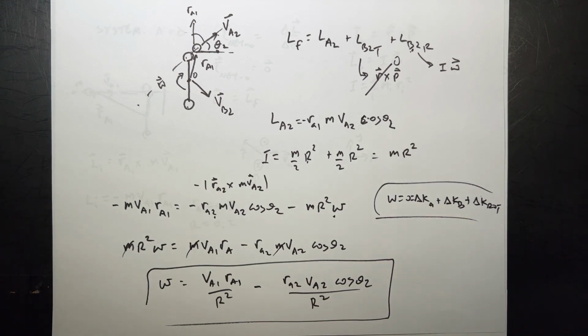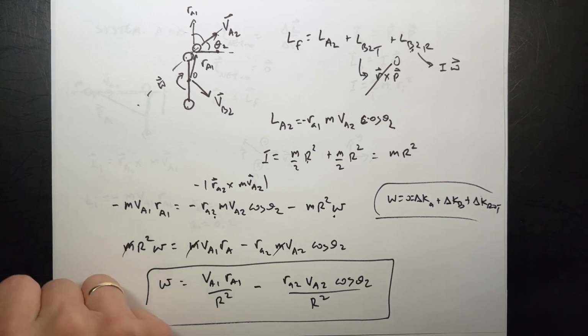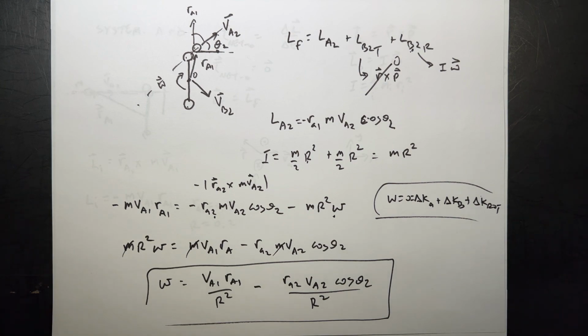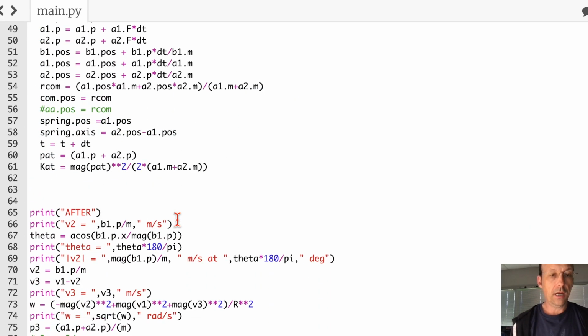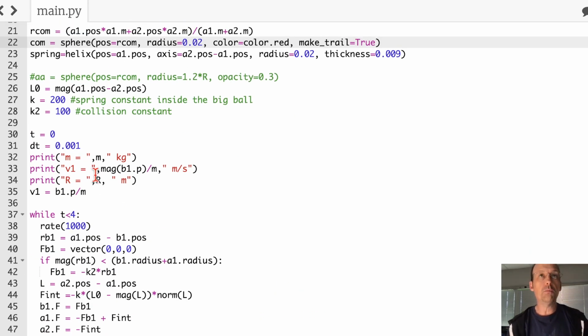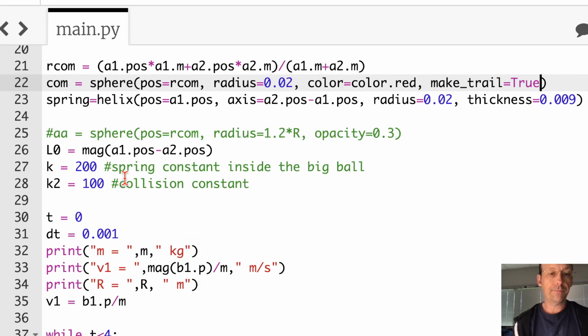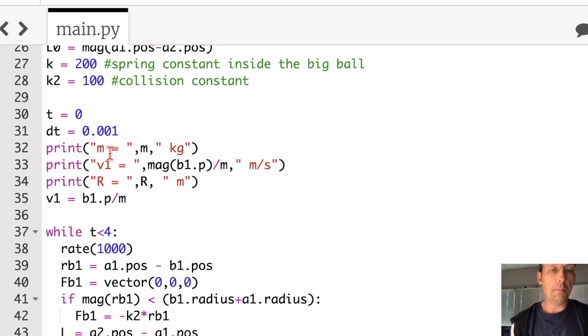Okay, so let's go and check the velocity, right? So I want to measure the velocity of my recoiled rod and then calculate the velocity of my recoiled rod. And I actually think I already did this. So let's go back over here. So what I did, the first thing I did was, let me make this bigger so you can see, I print the mass, just so you know what that mass is.